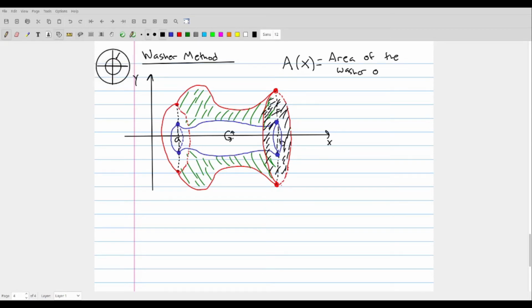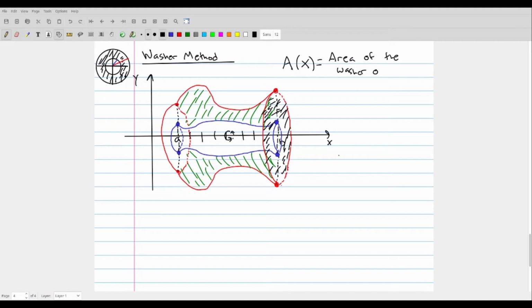So if you have two concentric circles, one with a smaller radius and one with a larger radius, like we do here, we have one with the radius that's given by the inner function, and one with the radius that's given by the outer function. And we have that at every single cross section. So for any value of x you choose, you're going to have a different cross-sectional area.